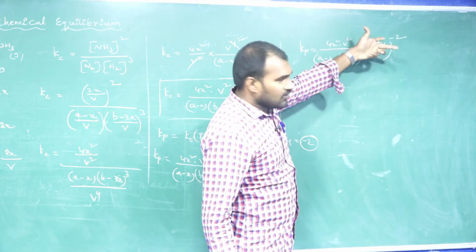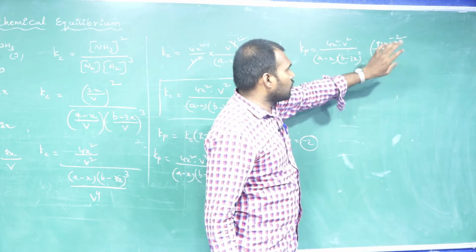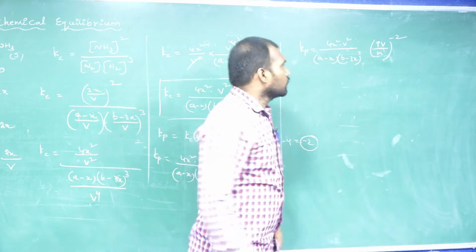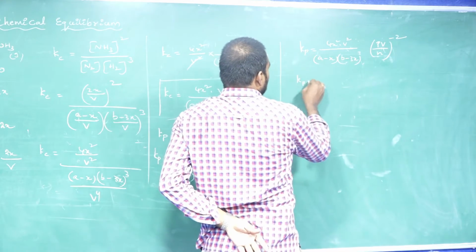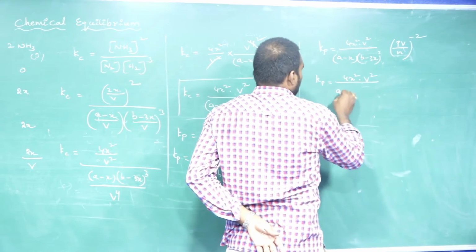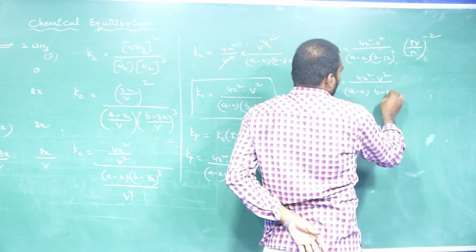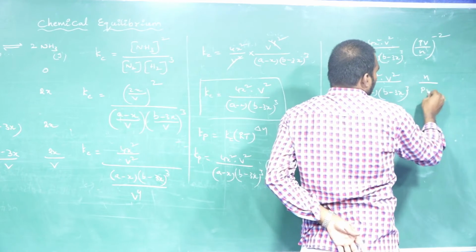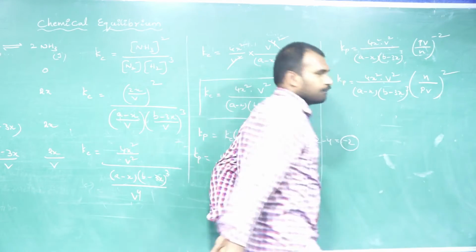If you reverse this, in the place of PV by N, if you write N by PV, the minus 2 becomes plus 2. So I am doing that interconversion. Kp is 4x square into V square by A minus x into B minus 3x whole cube into N by PV whole square.